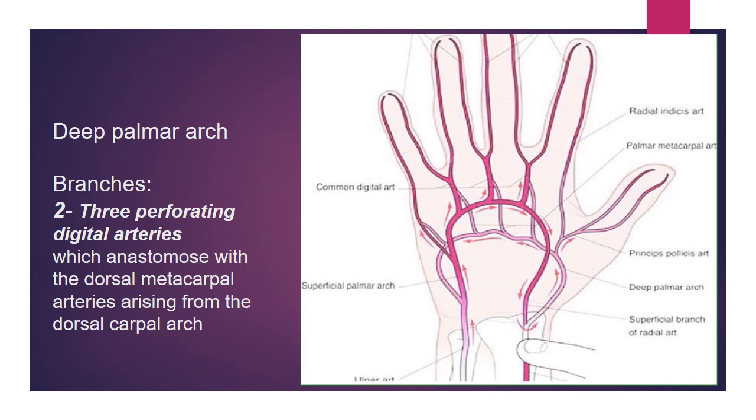In this way, we came to know that not only are the superficial and deep palmar arches connected to each other through these palmar metacarpal arteries, but the palmar arterial arch is also connected with the dorsal arterial network through the 3 perforating digital branches, which connect these palmar arches to the dorsal metacarpal arteries on the dorsum of the hand.